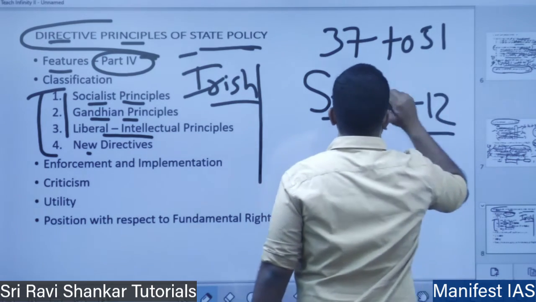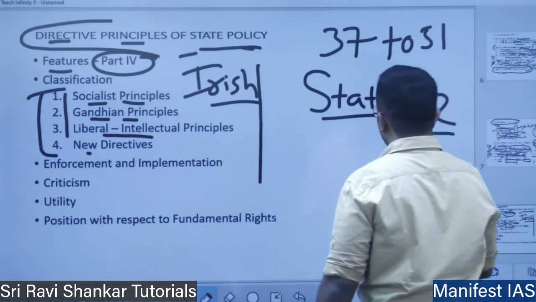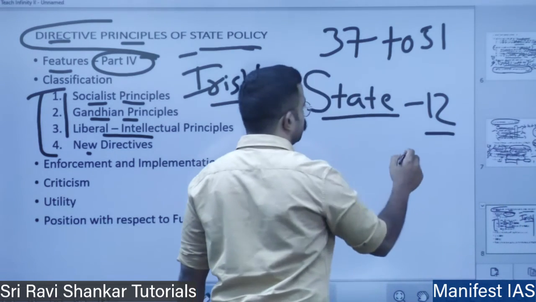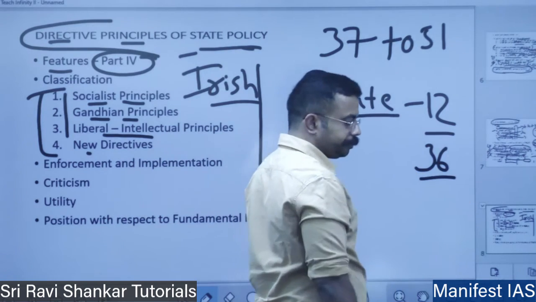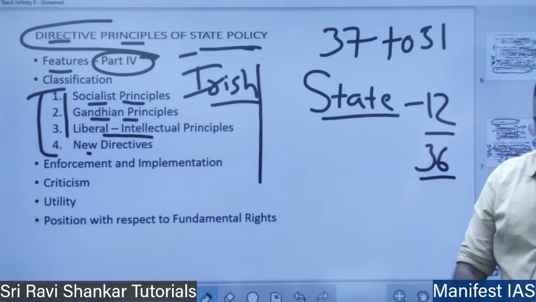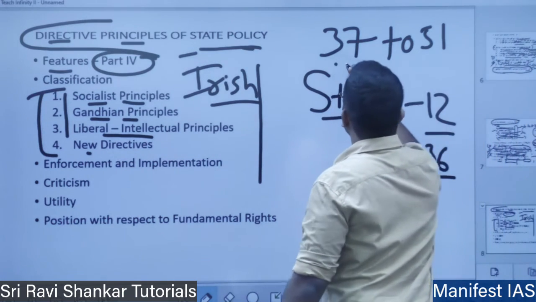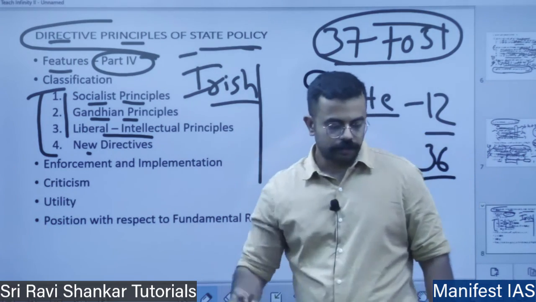Here, as Article 12 mentions the state, what is meant by state? Even Article 36 also mentions the definition of state. However, the directive principles start from 37 to 51. Okay.